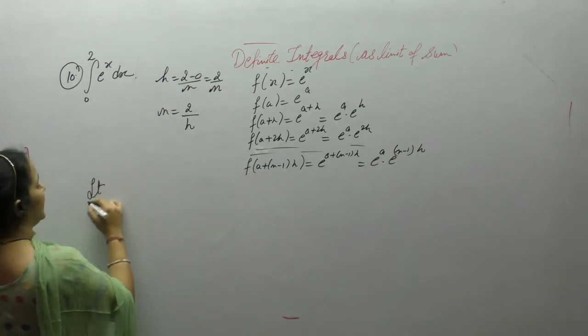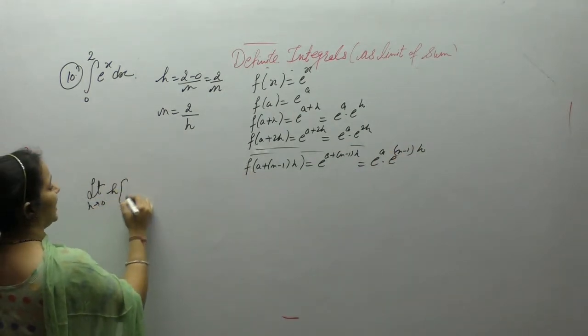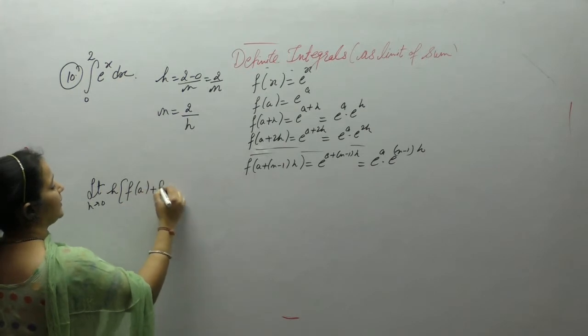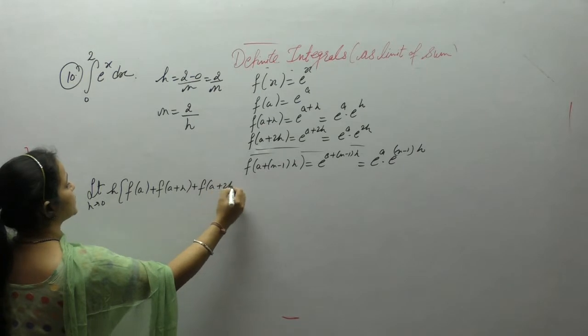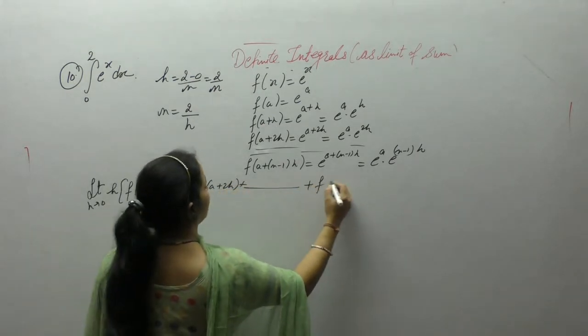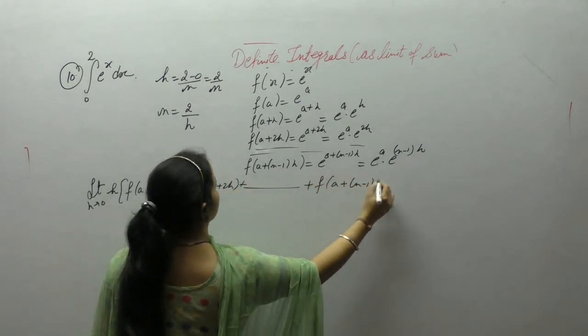Now apply the formula: limit h tends to 0, h of [f of a plus f of a plus h plus f of a plus 2h, so on, f of a plus (n minus 1) into h].